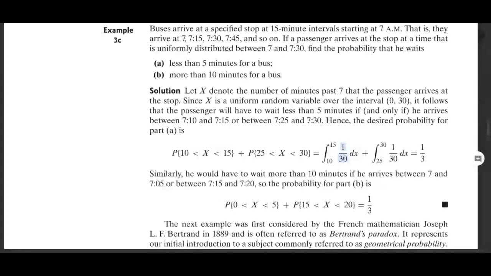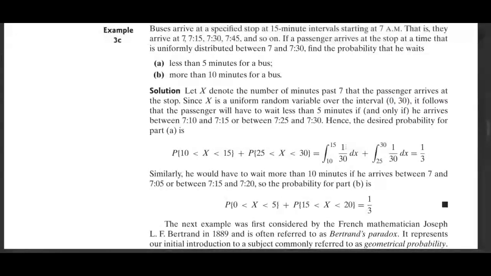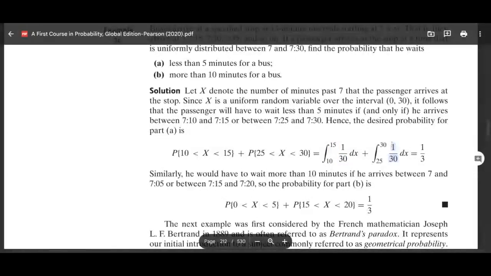And for the uniform distribution, it's 1 over beta minus alpha, so 1 over 30 times 15 minus 10, which is 5. 5 over 30 is 1 over 6. Then the other part is the same thing. So we have 10 over 30, which is 1/3.